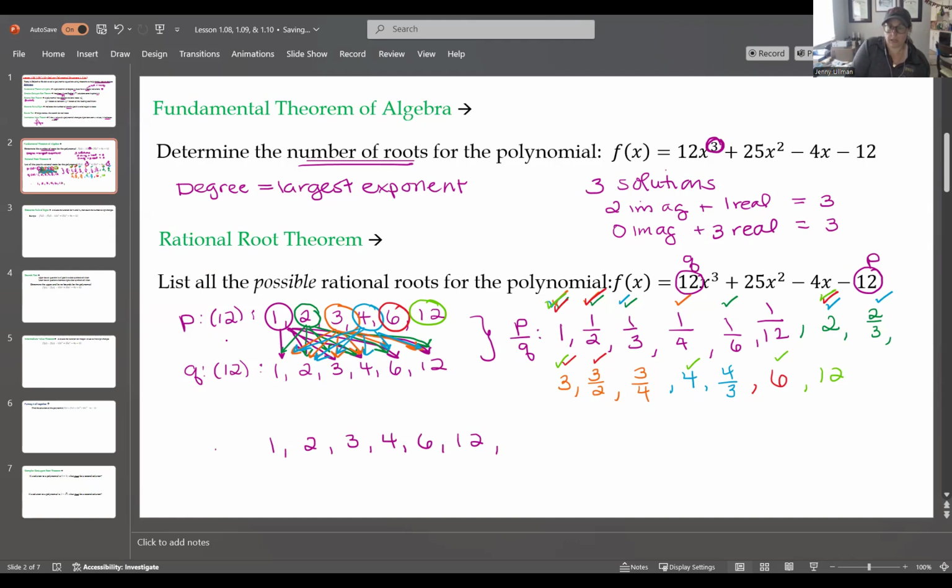Then I've got 1/2, 1/3, 1/4, 1/6, 1/12, 3/2, and 3/4. So this is my list.